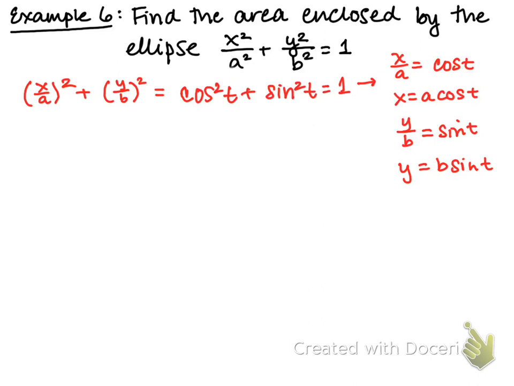Okay, so why don't we use the average? The area bounded by this ellipse, curve C, why don't I draw a picture of it? We are going to have an ellipse that looks like this.